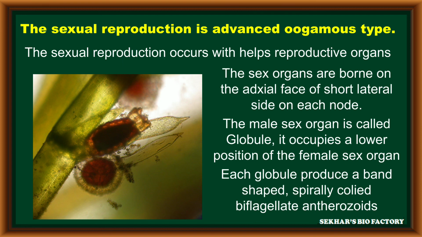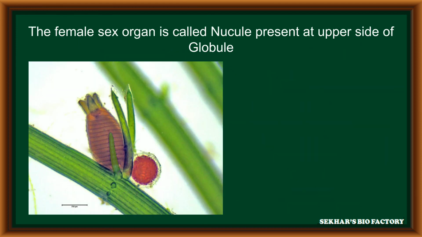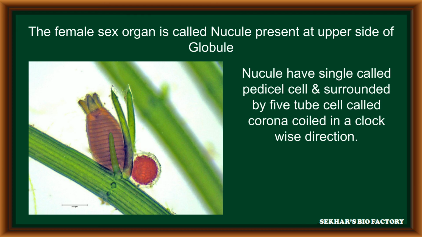Each globule produces band-shaped, spirally coiled, biflagellate antherozoids or male gametes. The female sex organ is called the nucule. It is present at the upper side of the globule. The nucule has a single cell, the pedicel cell, and this is surrounded by 5 tube cells called the corona. These are coiled in a clockwise direction.